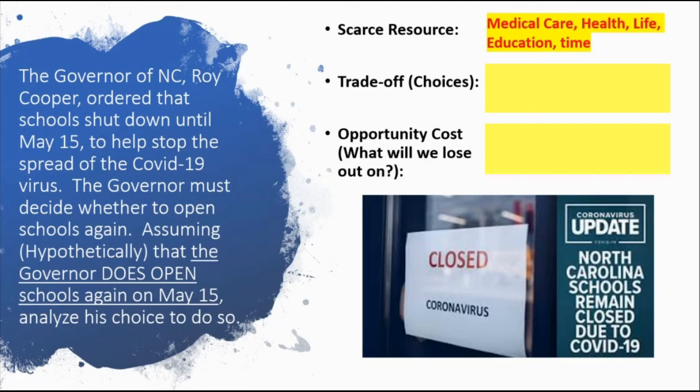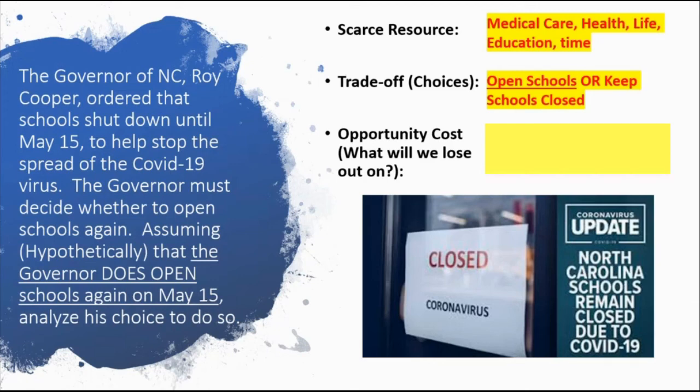You don't want to spend more time than you need to in school. We're losing out on valuable educational time. So there are a lot of scarce resources involved in making this decision. And of course, the decision was to open schools or to keep schools closed. In this hypothetical, let's say that he decided to open schools and we all go back May 15th.